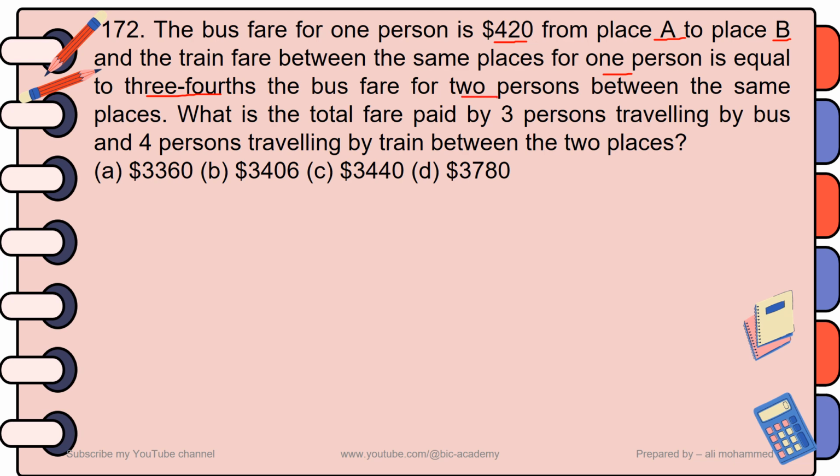What is the total fare paid by 3 persons traveling by bus and 4 persons traveling by train between the two places? A. 3,360, B. 3,406, C. 3,440, D. 3,780.